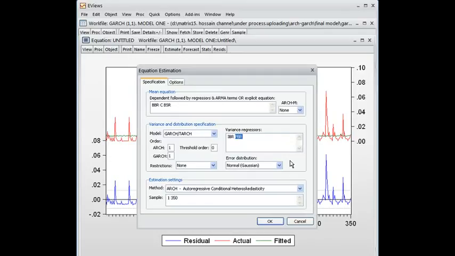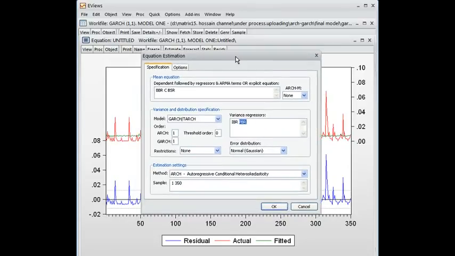So out of three, first we start with the normal Gaussian distribution. Then gradually we shall estimate the other two distributions also.